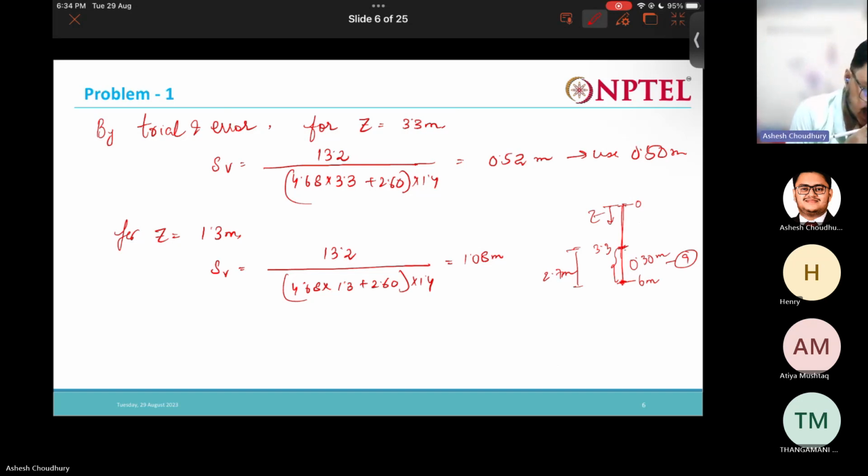And then 4 layers we can provide with 0.50 spacing. So it will be 9 into 0.3 plus 4 into 0.5.